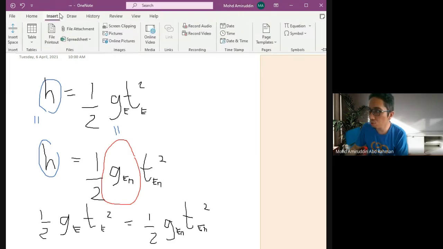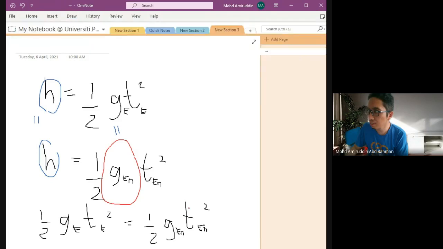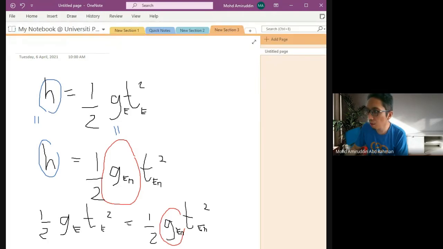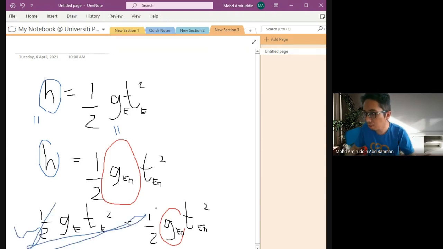Your task is to find G_En. Because the halves are similar, you can cross them out, and then rearrange the equation.